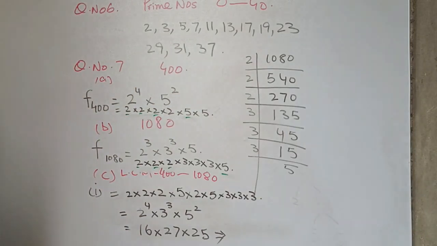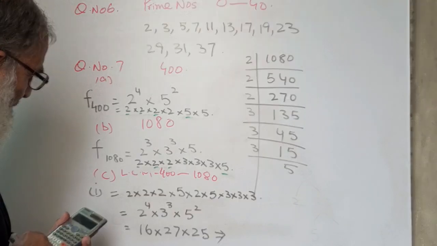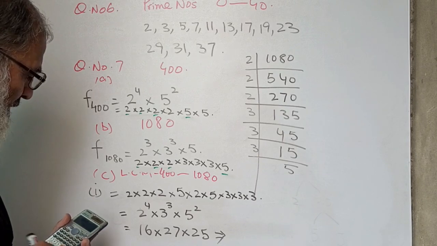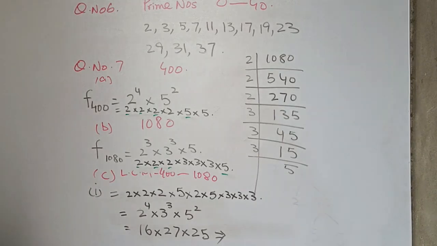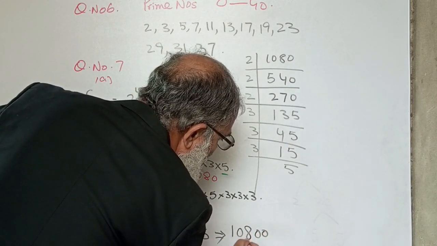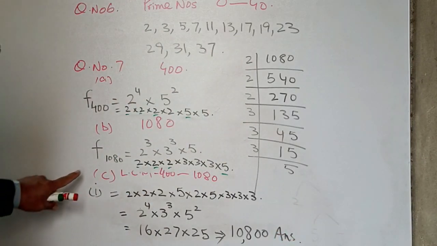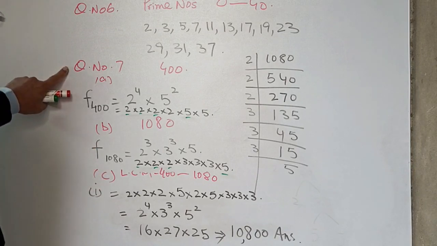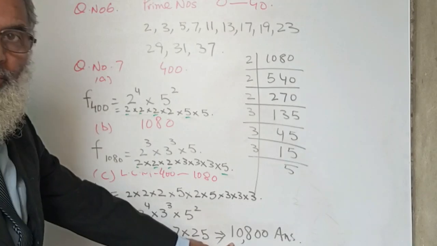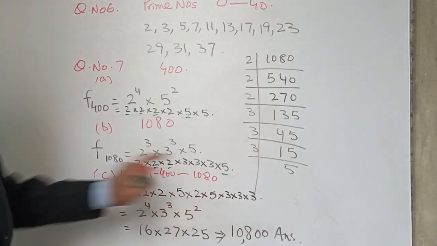We have to use the calculator for this. 16 multiplied by 27 multiplied by 25 becomes 10,800. 10,800 is the answer. So this is question number 7, part C, sub part 1, that is equal to 10,800, and it is the LCM of 400 and 1080.